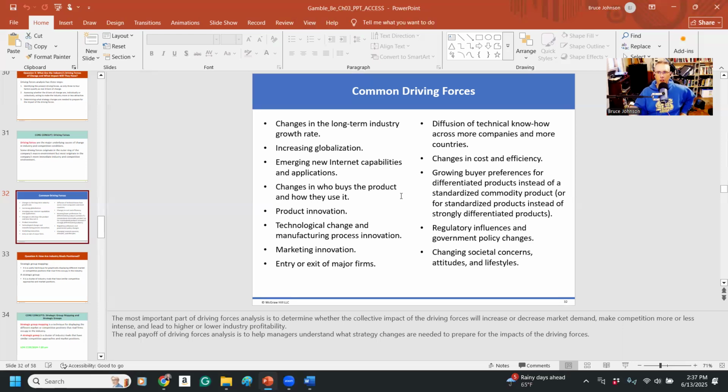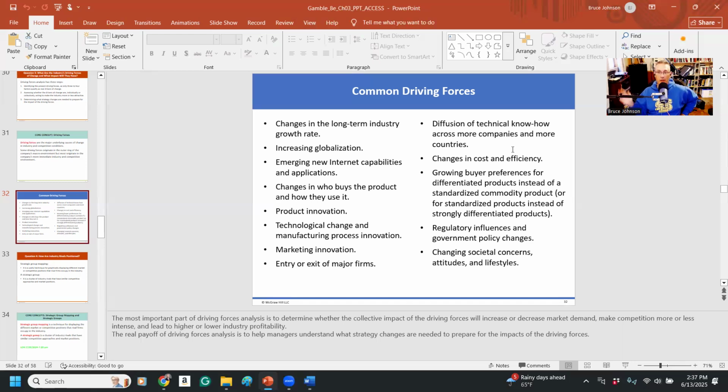You're going to lose your job to someone that knows how to run AI. And that one person that has AI acts as like four employees because they can become very efficient at utilizing AI. Market innovation, how something is sold, can be a driving force of change. Entry or exit of major firms, diffusion of technological know-how, patents can go away. There might be a change in cost and efficiency.